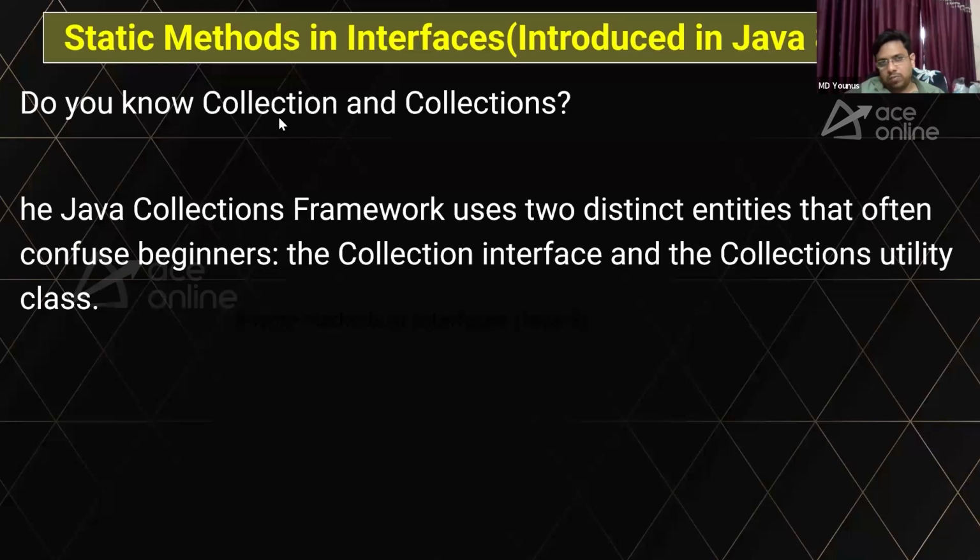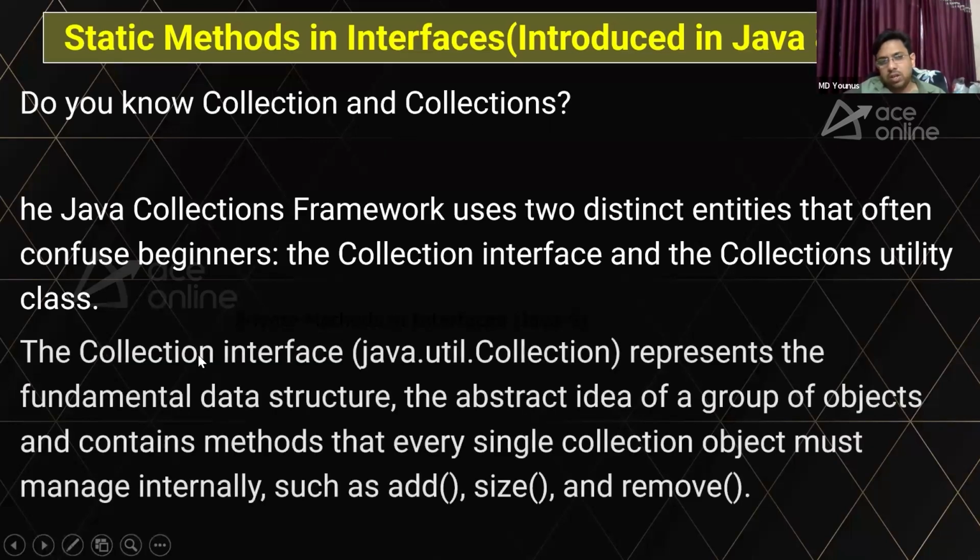So Collection is an interface and Collections is a utility class. We have already seen this. The Collection interface, which is java.util.Collection, represents the fundamental data structures, the abstract idea of a group of objects, containing methods that every single collection object must have, such as the add method, size method, remove method. It's basically a collection of data structures.